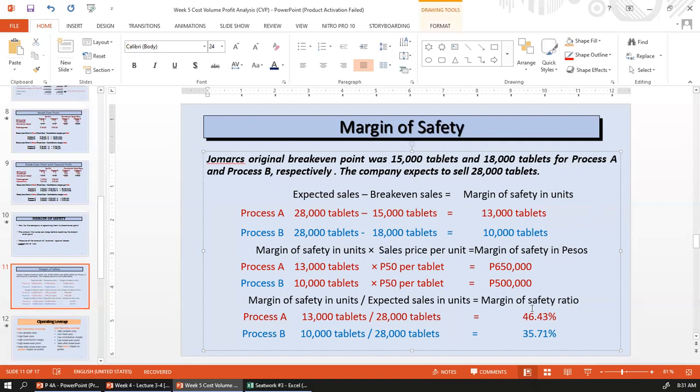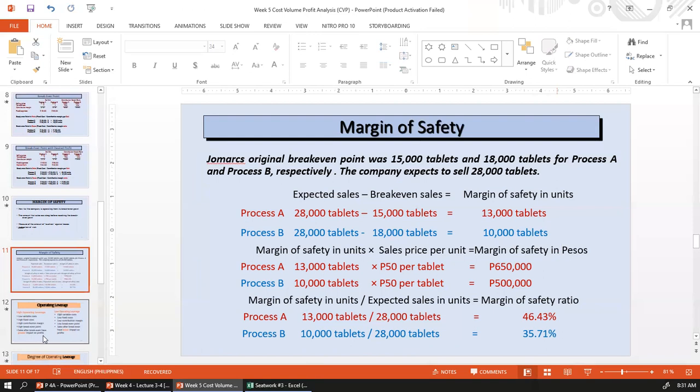Now we compute for the margin of safety ratio. So 13,000 tablets divided by your 28,000 tablets will give you 46.43%. Okay, your margin of safety of 10,000 units in process B divided by 28,000 tablets will give you a margin of safety ratio of 35.71%.